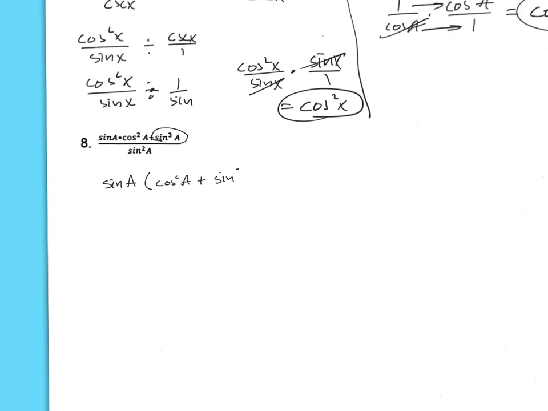That's sine squared. And we love that because that turns into 1. This right here is a 1. So now I have sine of A over sine squared. And the 1 on the top cancels with the 1 on the bottom, so 1 over sine is cosecant.